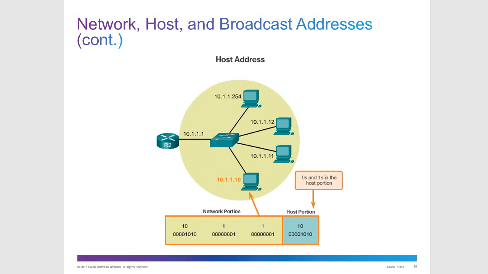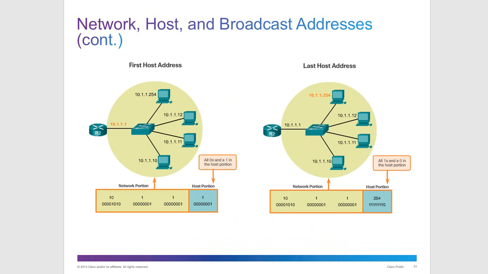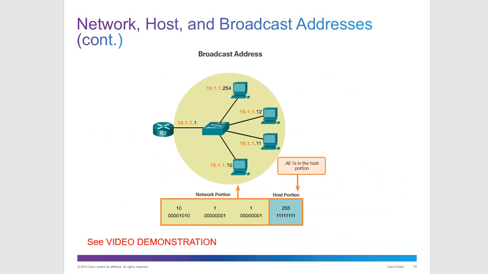Your host address could fall anywhere within the range between the network address and the broadcast address. You've got your first host and last host available, shown broken down into binary, and then your broadcast address, which is the last address in your network range.